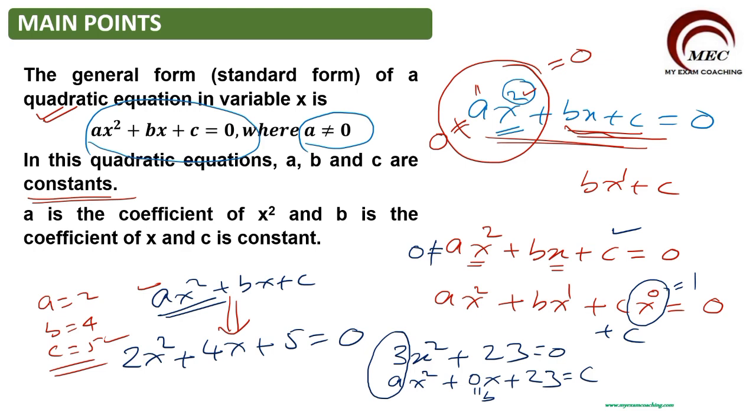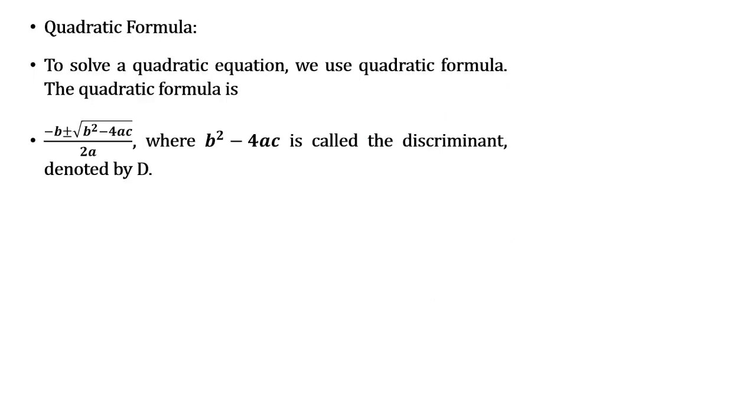Right. Let us see some more important points. Quadratic formula. Generally, we will call it QF. What is the quadratic formula? If I give you an equation, for example, x square plus 3x plus 2 equal to 0, what are the values of x? Remember, whenever we find the value of x in a quadratic equation, x will have two values, value 1 and value 2, x1 and x2.